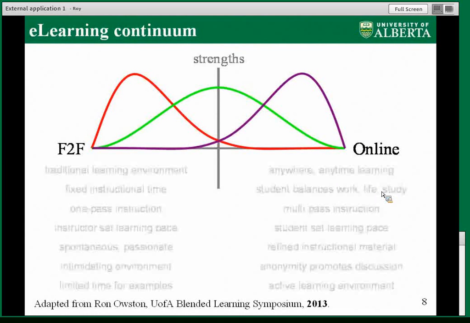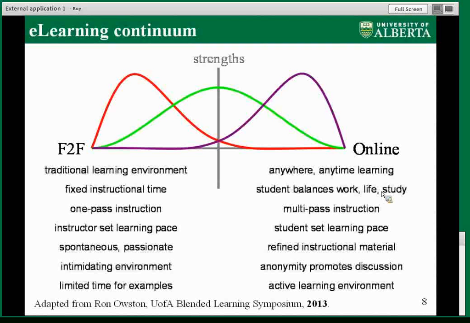So this slide presents the features of face-to-face instructional modalities.